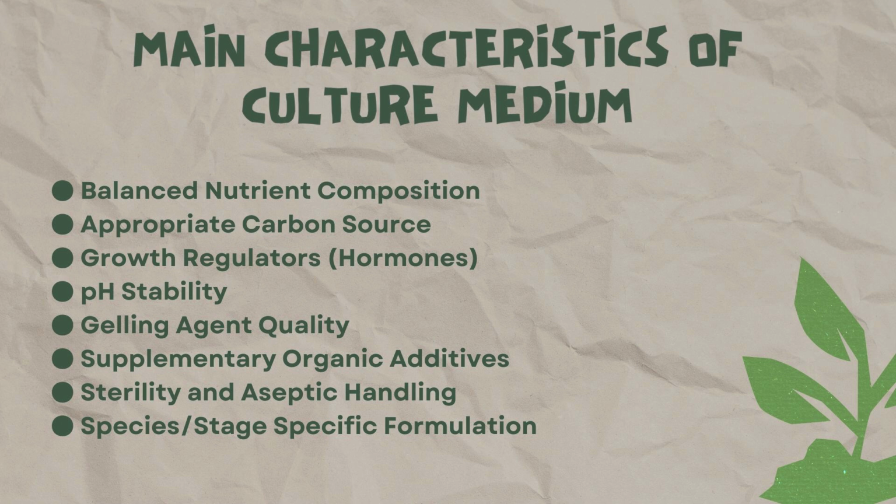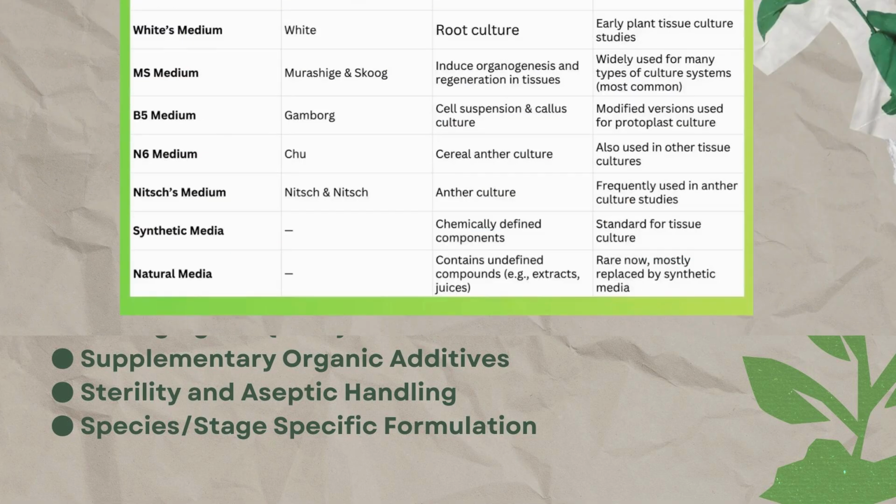Then supplementary organic additives, vitamins and amino acids that give an extra boost. Sterility and aseptic handling: absolutely no contamination allowed. Species or stage specific formulation, because different plants and tissues might want different recipes. So these are the major characteristics required for a perfect plant tissue culture medium.